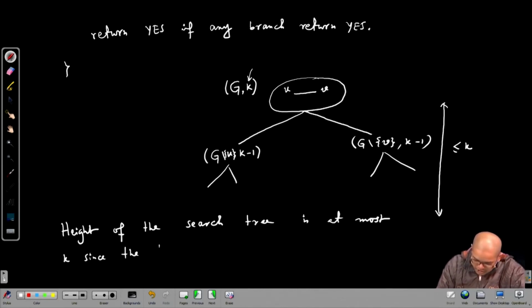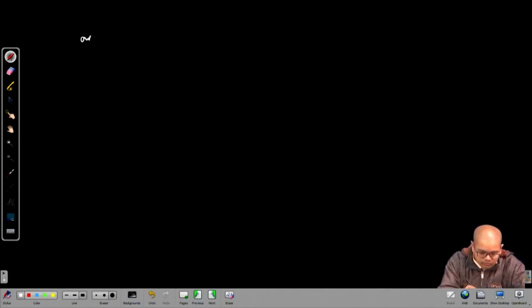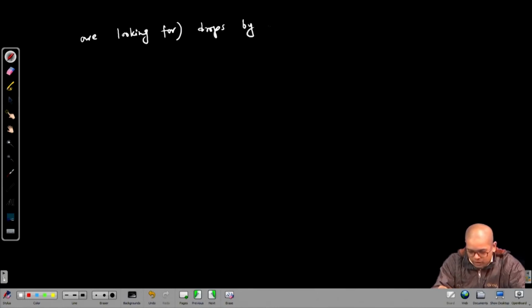Since the budget, which is the size of the vertex cover we are looking for, drops by 1 in every level.